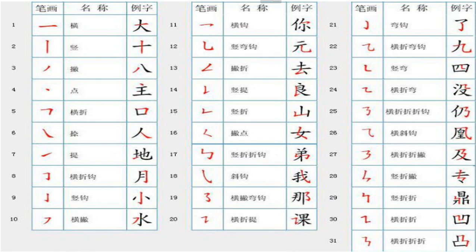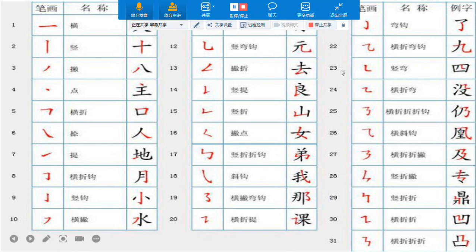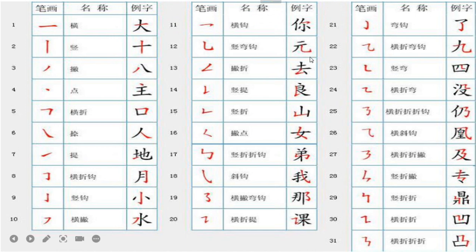When we want to say RMB, we can say 1元, 2元. 撇折, 去, go. 竖提, 量.